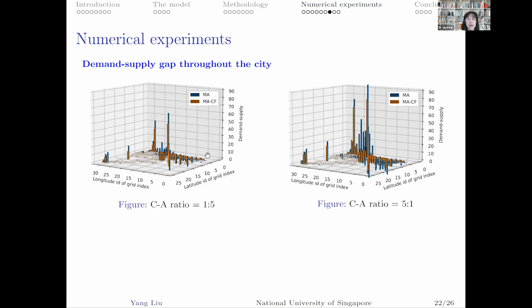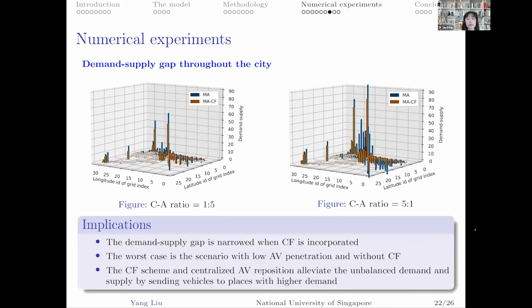Okay, and then we further look into the gap between the demand and the supply throughout the city, by looking at the geographic information of the gap. So by looking at the high CV AV ratio and the low CV AV ratio, this is high, and this is low, what we can observe is that the demand and supply gap is narrowed while the commission fee is dynamically determined.